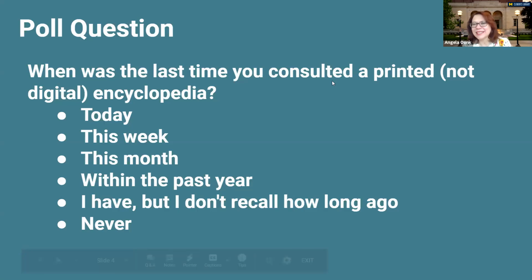As we were discussing as people were signing in, many of us know that we've used an encyclopedia, a printed copy, but it's long enough ago that we're not sure exactly when. But I do see that some people have been consulting paper copies more recently. So it's alive and well.